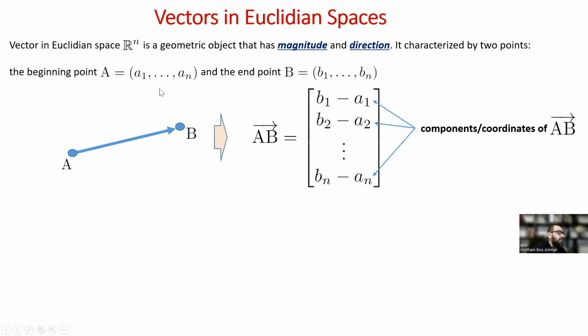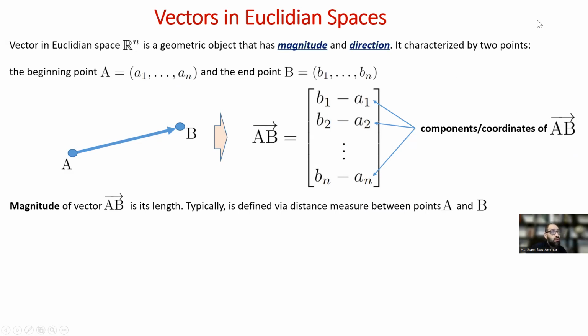You take the second and subtract it from the second. And please notice the direction. So I am subtracting the beginning point coordinate component from the endpoint coordinate component. And then I will do that across all the components of my vector. So then I will get the components or the coordinates of my vector AB.